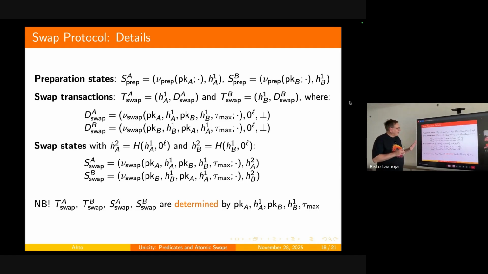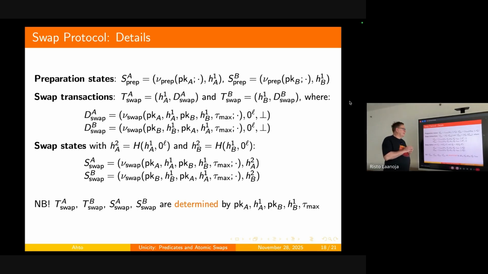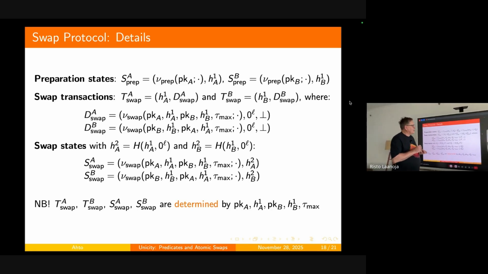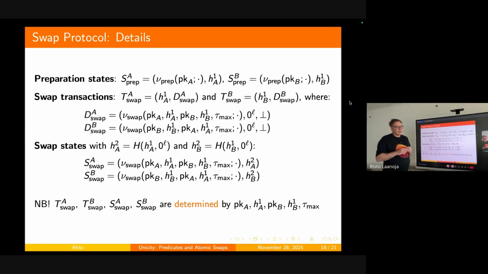This is assumed in the Unicity infrastructure: parties only have their own information that has been sent to them. Additionally, they have access to the Unicity service. So they can't be assumed to receive any information because, as I said, parties may just quit during the protocol and do nothing, send nothing to the other party.